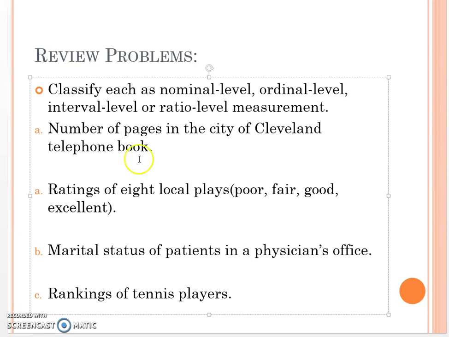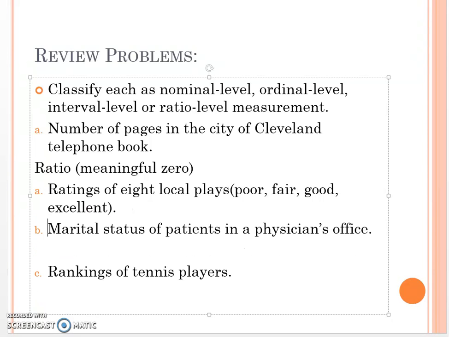All right. So number of pages in the City of Cleveland telephone book. Pages should be numbers, in numerical numbers. If number of pages equals 0, does that mean the telephone book doesn't have a page? Yes. So this will be a ratio, meaningful 0. Ratings of a local school.